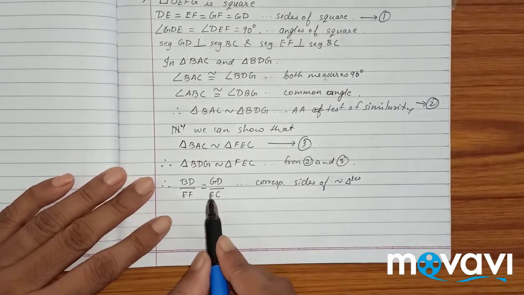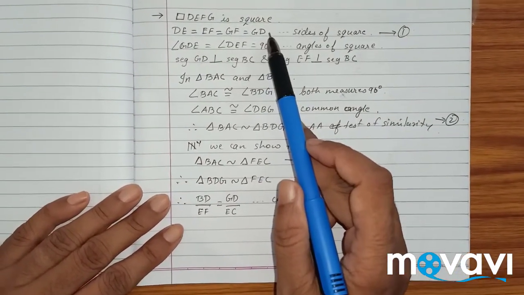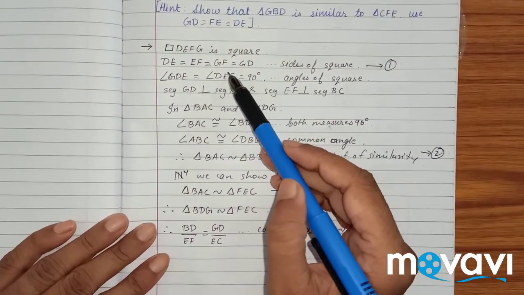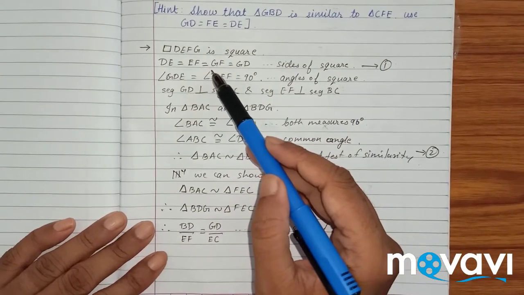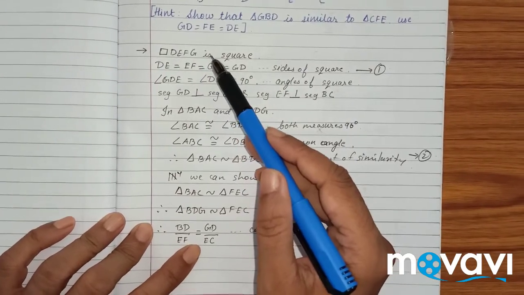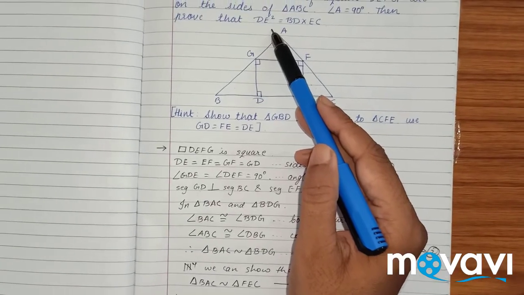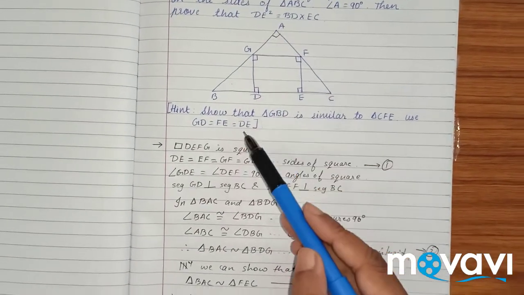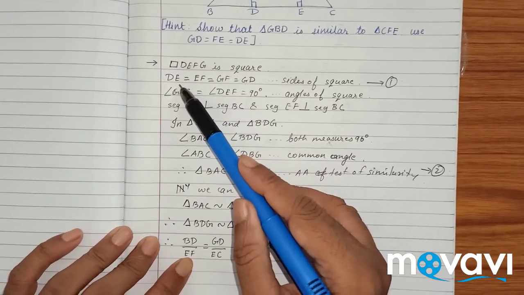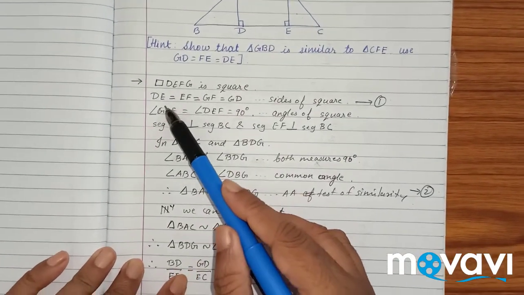Now see here, from 1, my first step says that instead of any one side which I want, see what I want to show is DE square, so I want DE. Instead of EF, suppose I put DE, and instead of GD also I put DE.